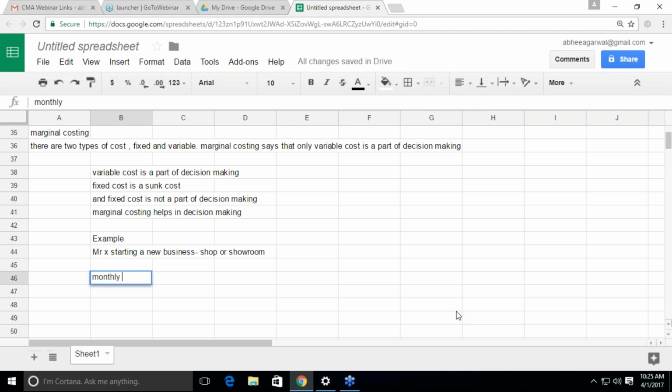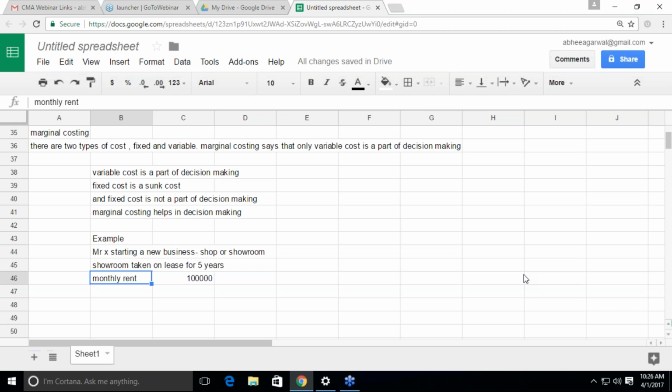Monthly rent is 1 lakh rupees. The showroom is taken on lease for 5 years, and the monthly rent is 1 lakh rupees. See, this is your fixed cost. Every month you have to pay 1 lakh rupees rent for the shop or showroom you have taken on lease.